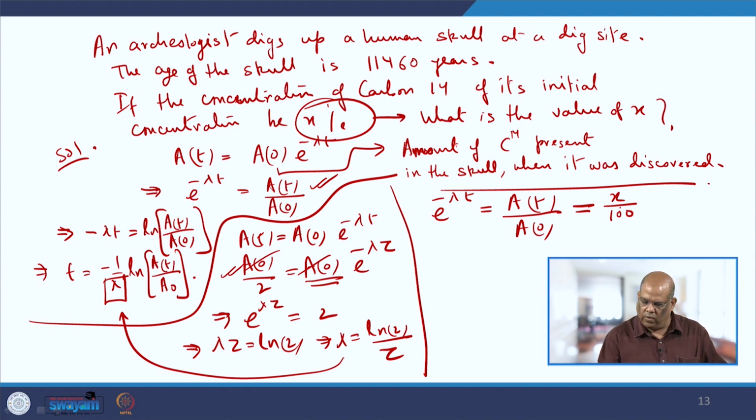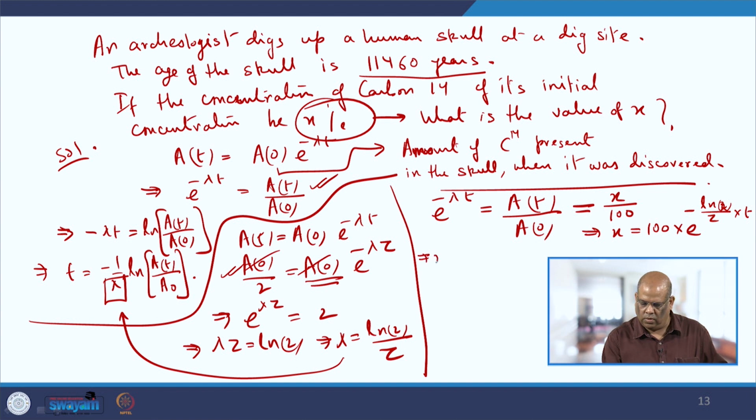Therefore, the value of x is 100 multiplied by e to the power minus, in place of lambda I will put ln 2 divided by tau, multiplied by the time, which is 11460 years.